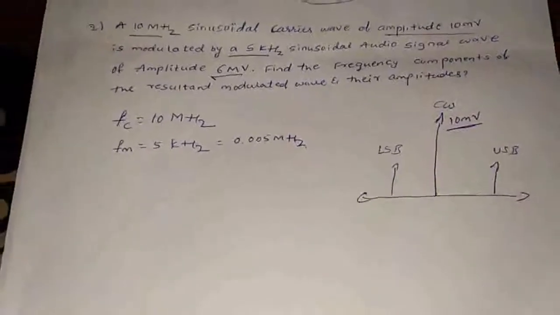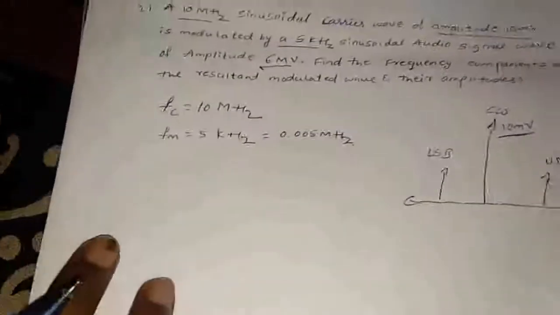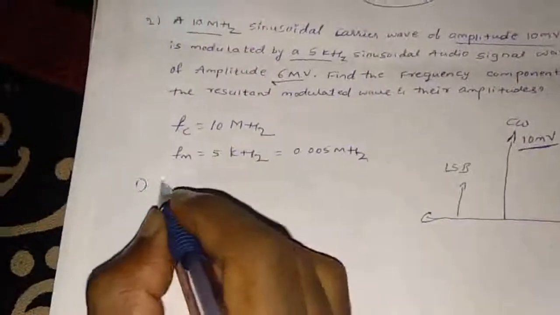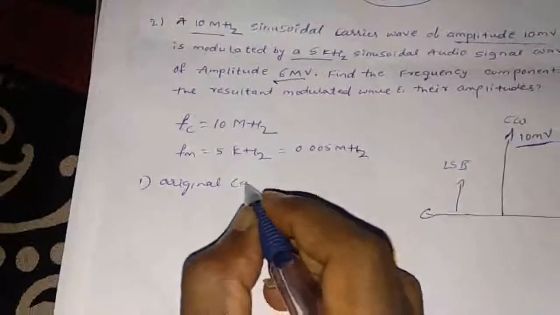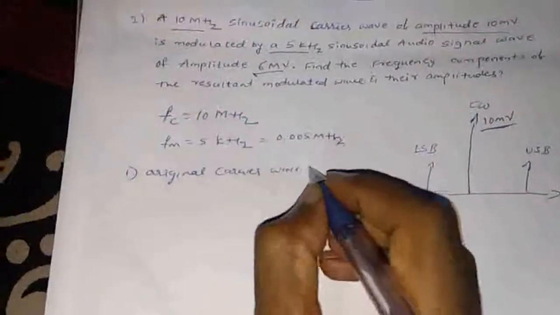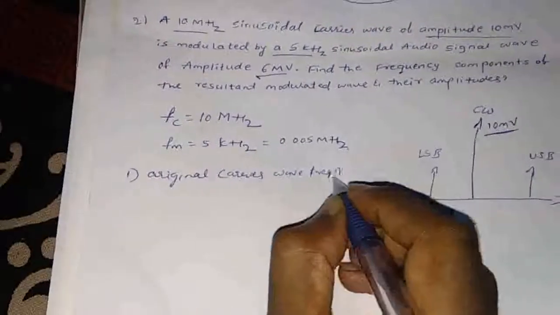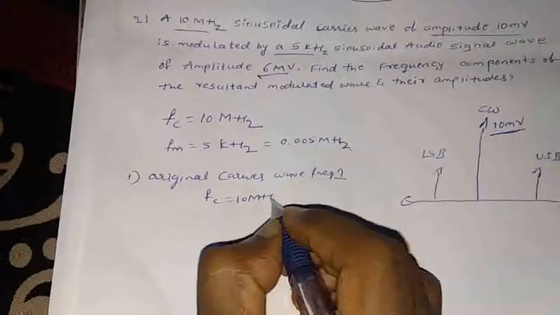Now first, the original carrier wave frequency fc is equal to 10 megahertz.